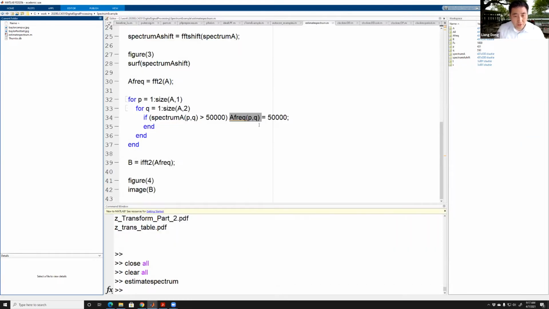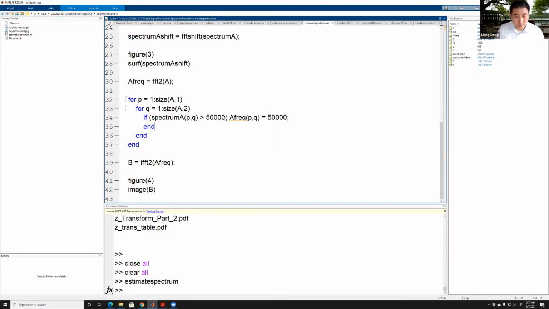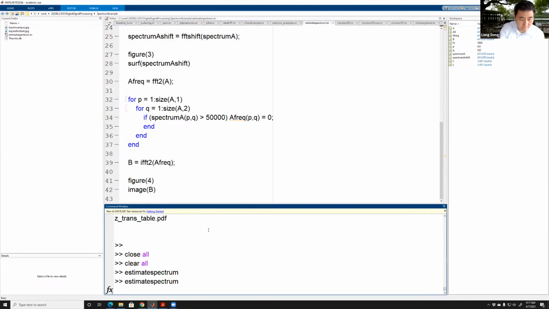Okay, let me change a little bit. Let's say if it's greater than, I change that to 0. This may give us a lot of noise. We may not see clearly because everything is too sharp. Instead of keeping it, I remove it to 0, to nothing in the frequency. Let's see what this gives us.